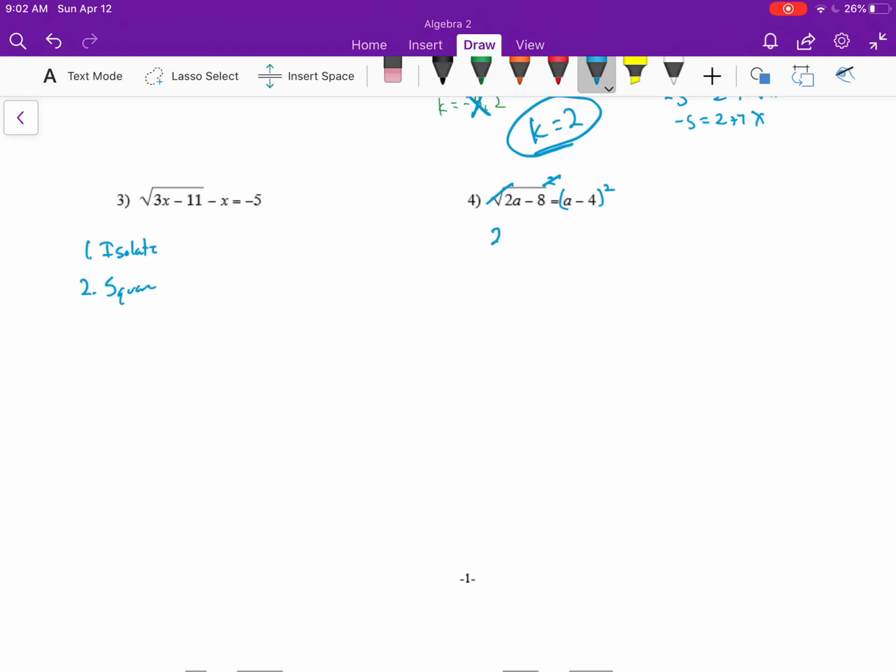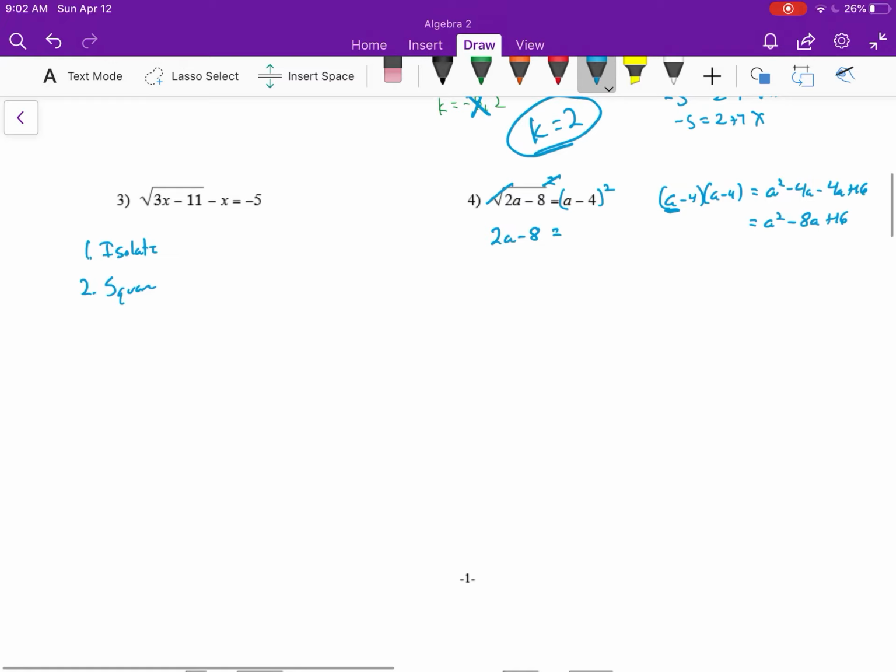Over here, that cancels. So we have 2a minus 8 equals, and make sure we square correctly here. a minus 4 squared is a minus 4 times a minus 4, which is a squared minus 4a minus 4a plus 16, which is a squared minus 8a plus 16.